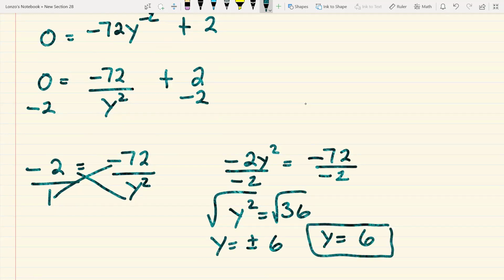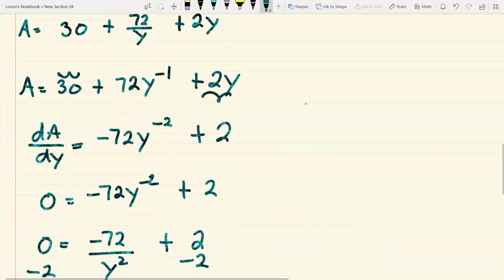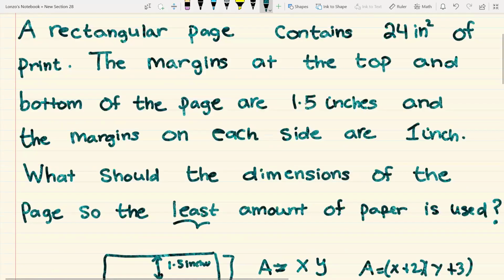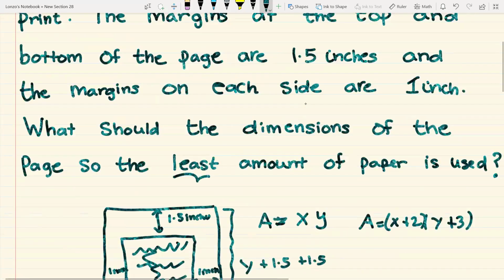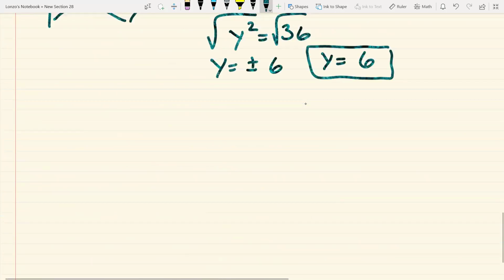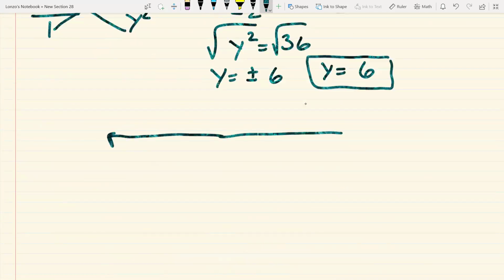Okay, so we found our y length, but we have to verify that y equals 6 actually gives you a minimum. So how do we do that? We do the test point method, right? So go ahead and put it in our number line. Plug in 6 right in the middle, and then you have region 1 and region 2.